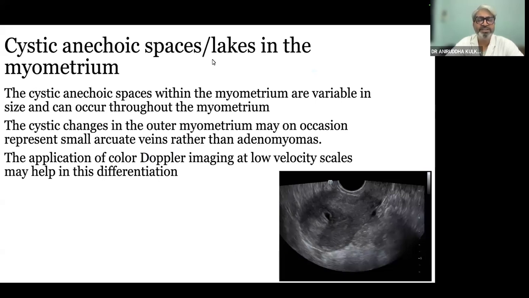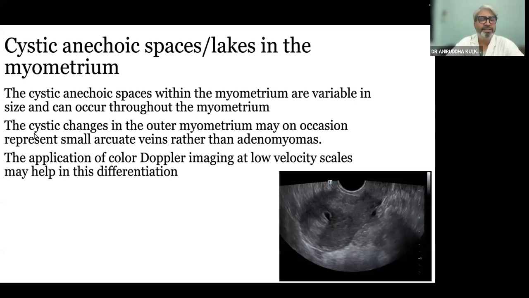Cystic anechoic spaces or lakes within the myometrium could be one of the features. Now, in the initial MUSA, there was a specific characterization in terms of size, but in 2022, it was decided that any size, shape, or morphology can be considered as an adenomyotic cyst rather than measuring a specific size.